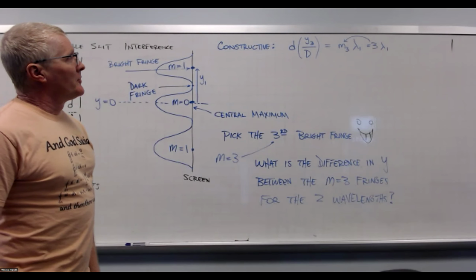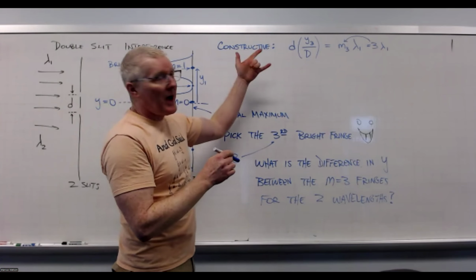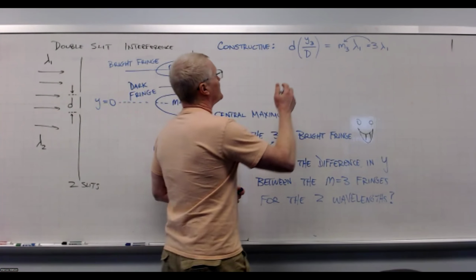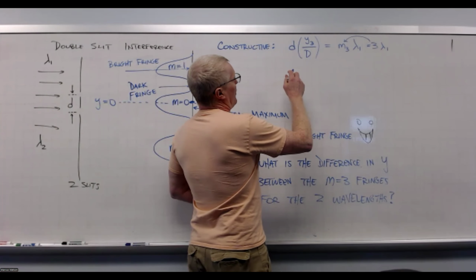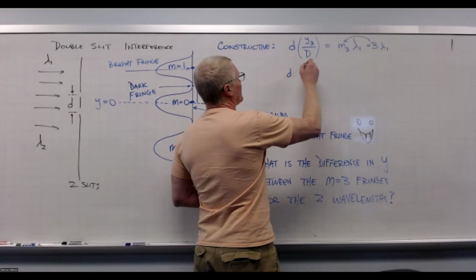All right. For the other case with lambda 2, I'm going to get the exact same thing, but the y3 is going to be a little bit different, and I want that difference. So let's just go ahead and write this out again.